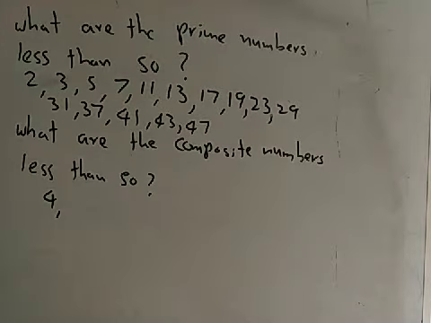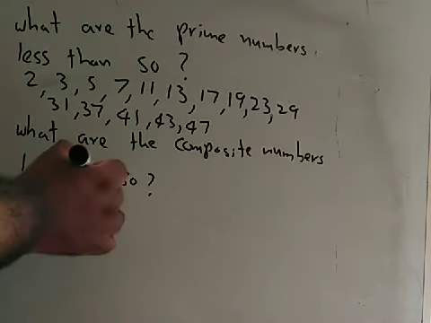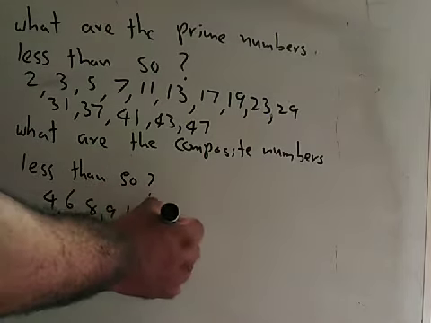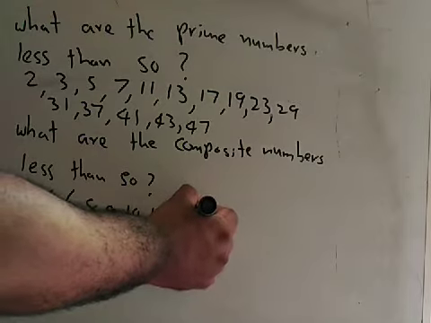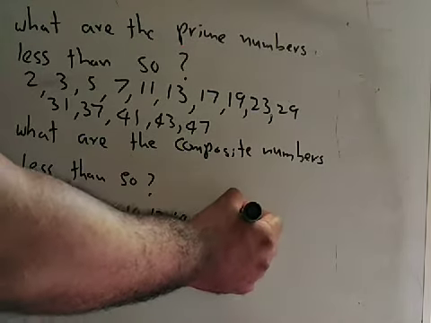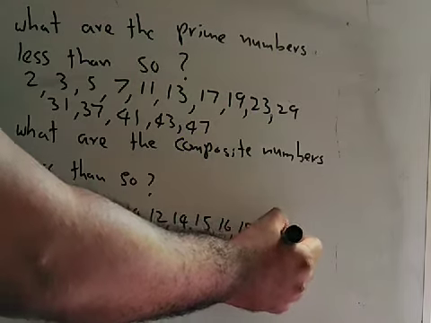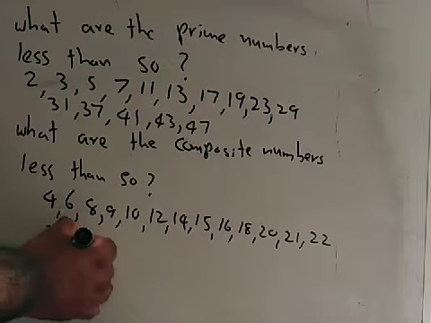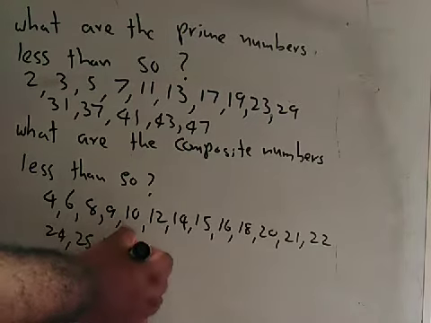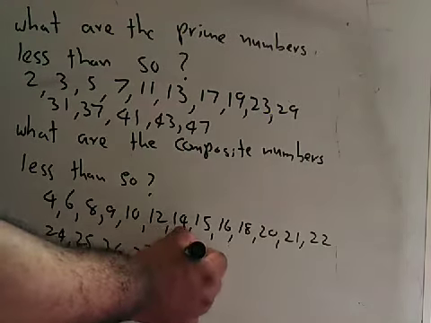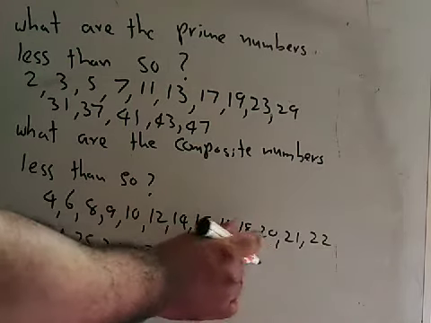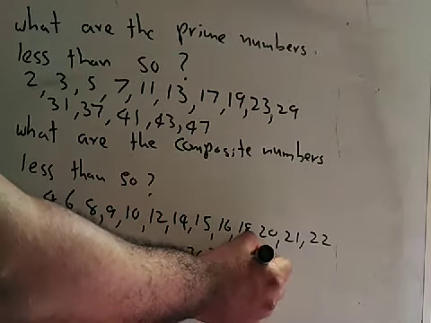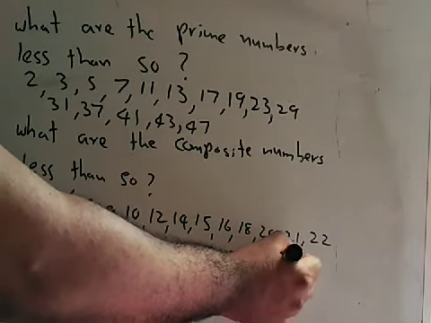Besides this 4, then 6, 8, 9, 10, 12, 14, 15, 16, 18, 20, 21, 22, 24, 25, 26, 27, 28, 30, 32, 33, 34, 35.